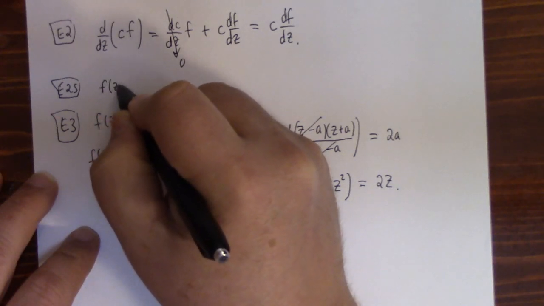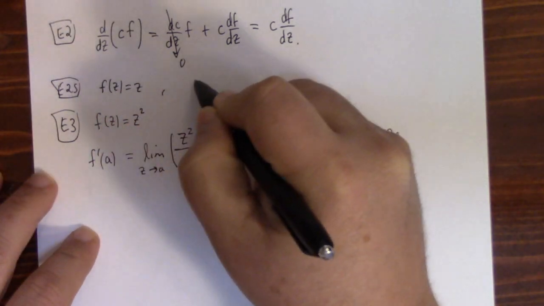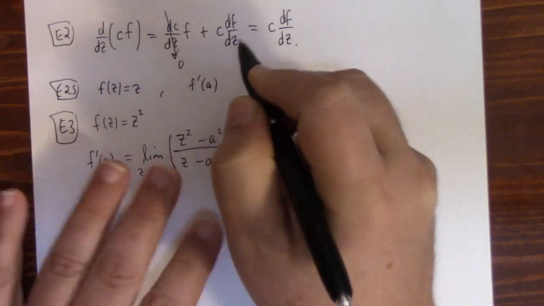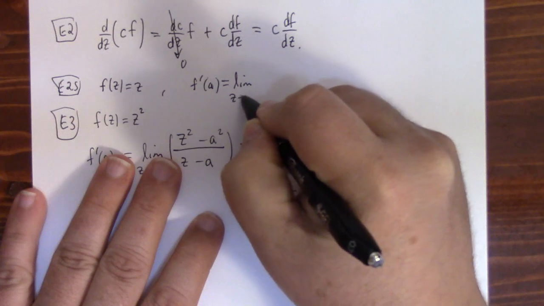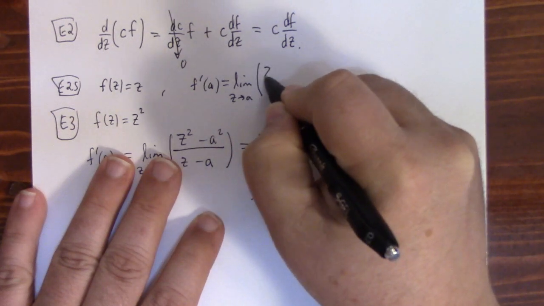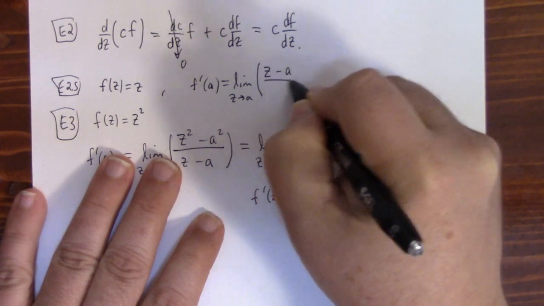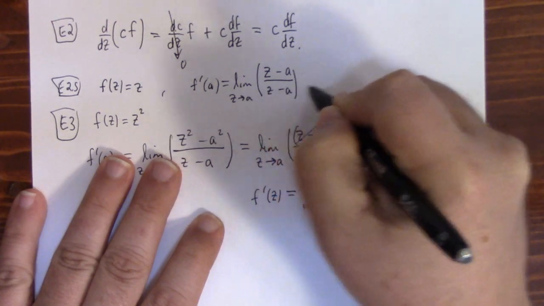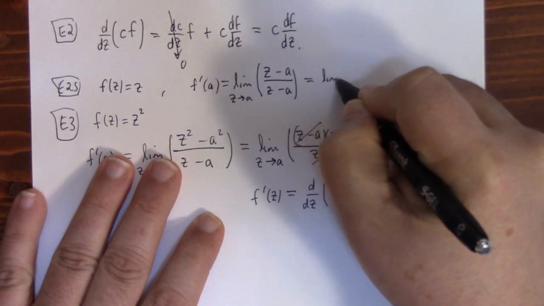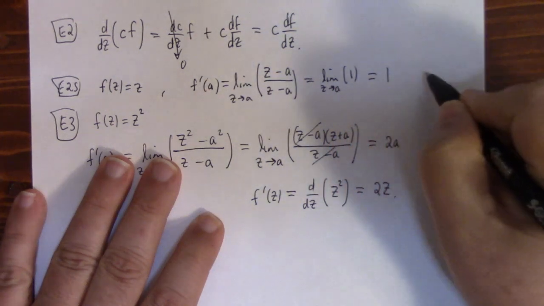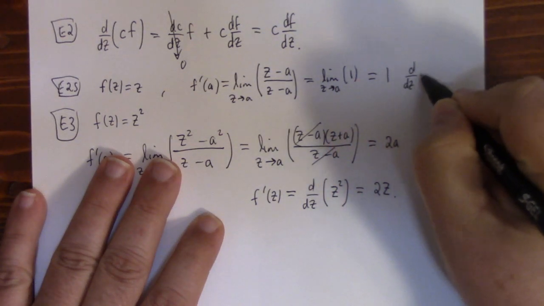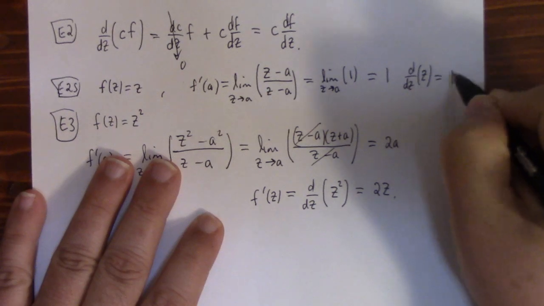f of z equals z. Then f prime of a would be the limit as z goes to a of z minus a over z minus a, which is the limit of 1, which of course is 1. So d/dz of z equals 1.